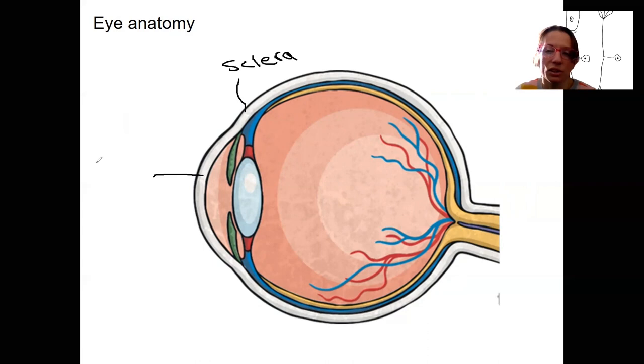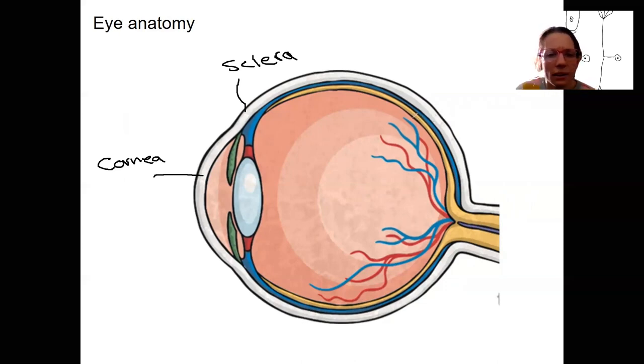So this is epithelial tissue that is actually stratified but very thin, and allows light to pass through. This is your cornea. It heals quickly, so if you scratch your eye, it really hurts, but it also heals. The sclera then is around the rest of the eye. This is actually the white of your eye as well.